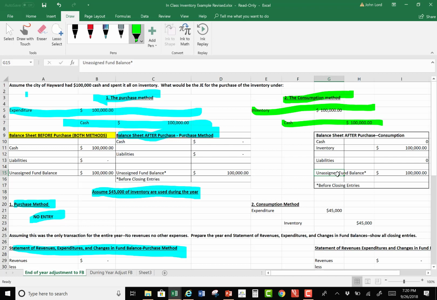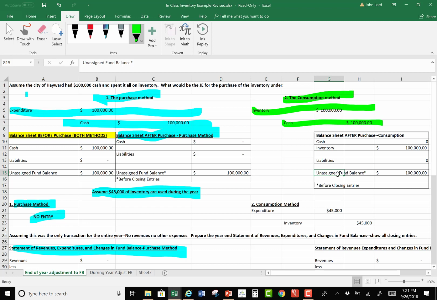With me so far? Now, don't we have to have a match between my inventory account and my non-spendable fund balance? Isn't there supposed to be a match between my inventory and my non-spendable fund balance? Is it matching right now? It is not matching right now.